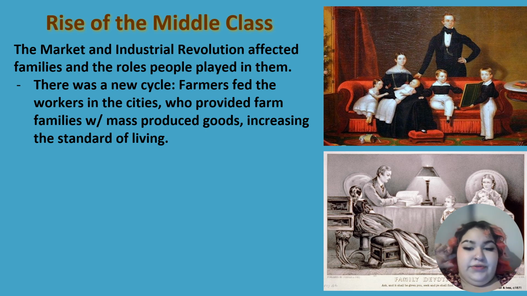Within the United States, we're going to see farmers, they're going to feed the workers that live and work in the cities, who then are going to provide these farm families with these mass-produced goods. And it's just going to be a constant repeating cycle that is increasing the standard of living for people.